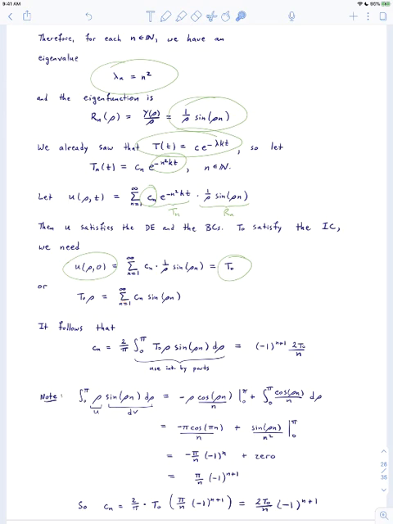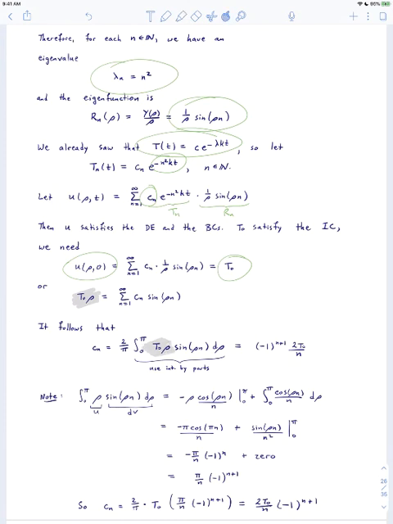So that means that the coefficients here, c sub n, are obtained by integrating with respect to sine terms. So c sub n is equal to 2 over pi times the integral from 0 to pi of our initial function here. So this is our initial function, this T0 rho, that's that right there.